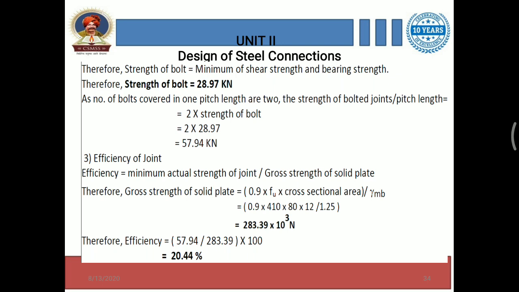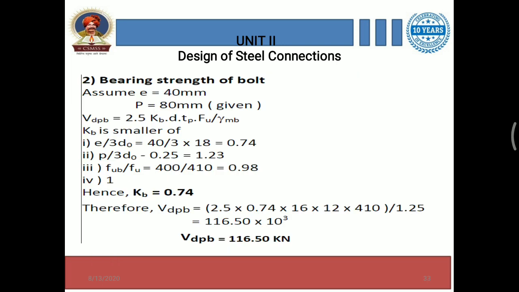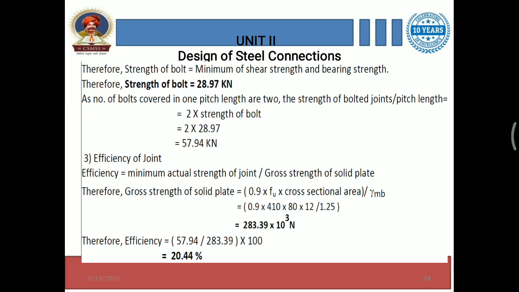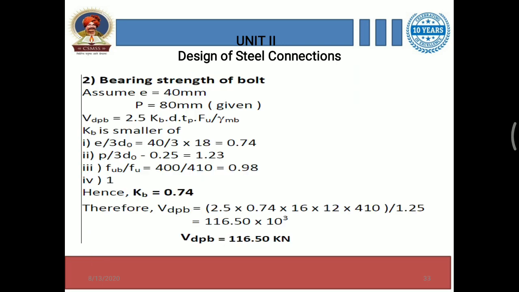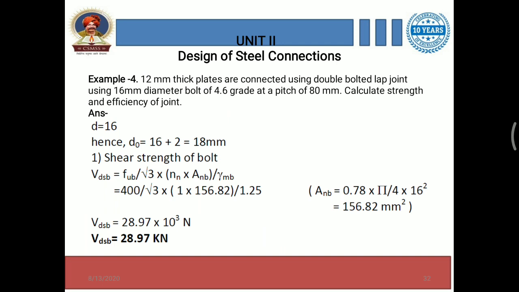This is one example, you will get a lot more examples in the assignment. Okay, this efficiency part or efficiency of joint is the additional part for this problem, and in the previous three examples there was only strength calculation and number of bolts, bolt value, all these things we have done.